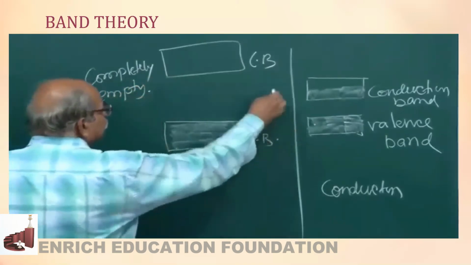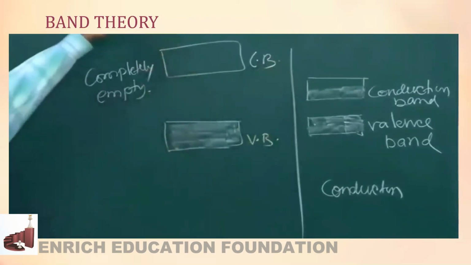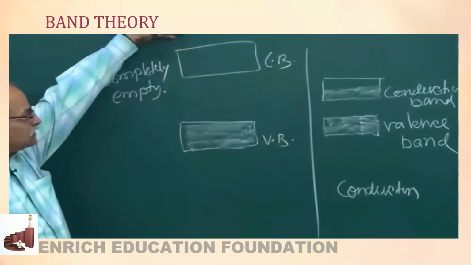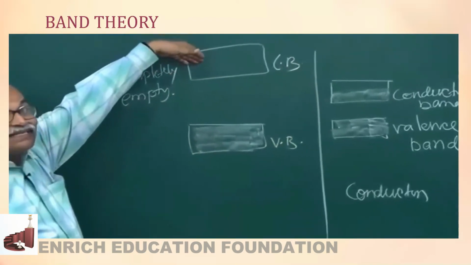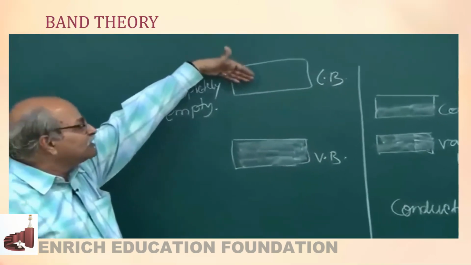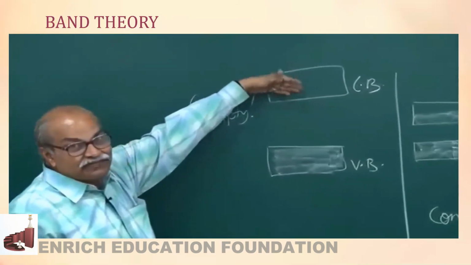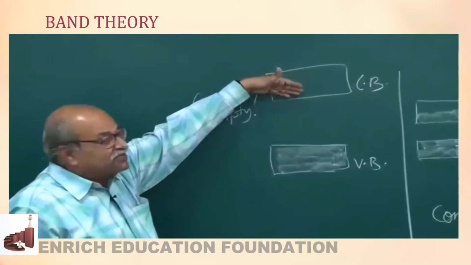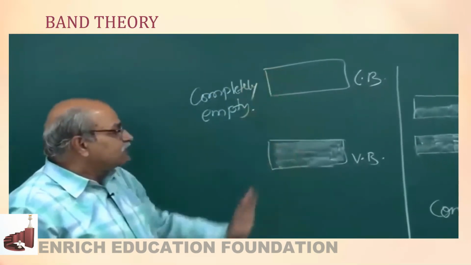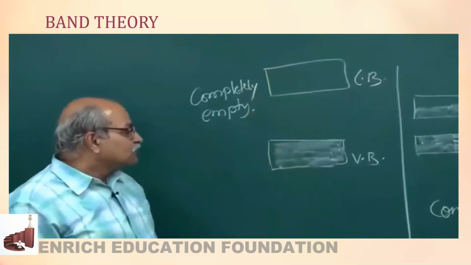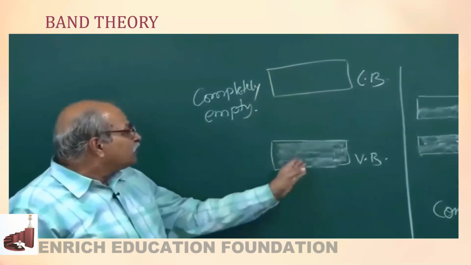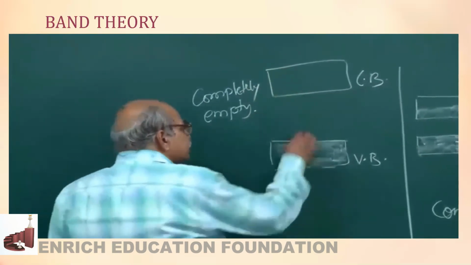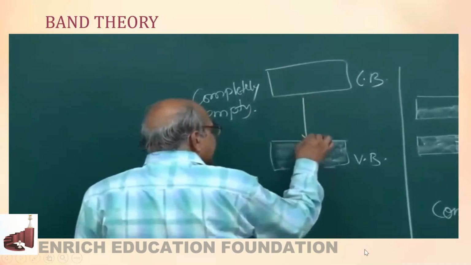This is also possible, as I defined. If you come from the top, the first band not completely filled, it's certainly not even partially filled, but certainly not completely filled, is the conduction band, and this is the valence band. At low temperatures, 0 K, this is the kind of situation, and this energy gap is large.